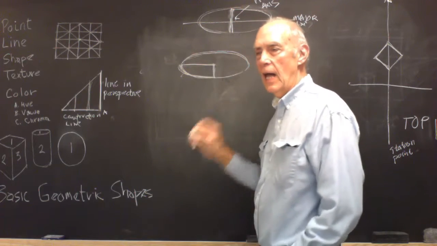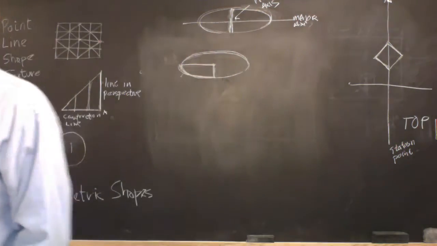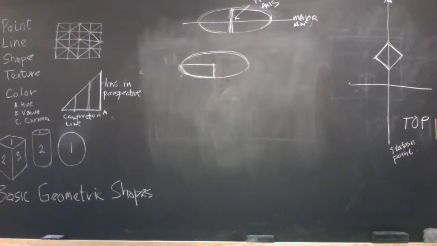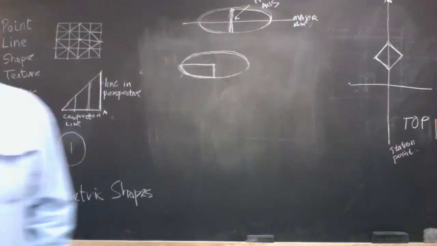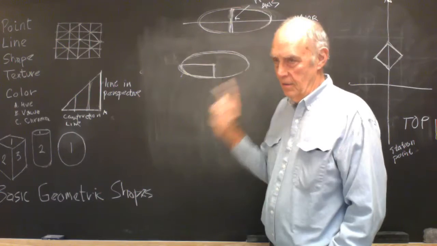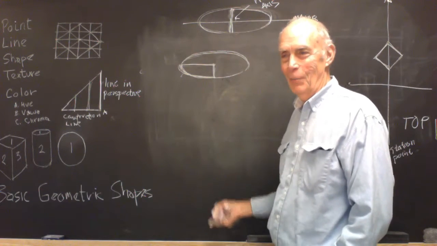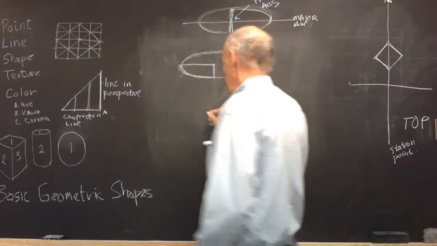Now it takes a lot of practice to draw ellipses. So if I had you in class right now, I would say, now start drawing some ellipses. And the first thing I would say is, don't worry about how thick it is, just make sure the major axis is parallel to the bottom of the picture plane. And I would get stuff like this.